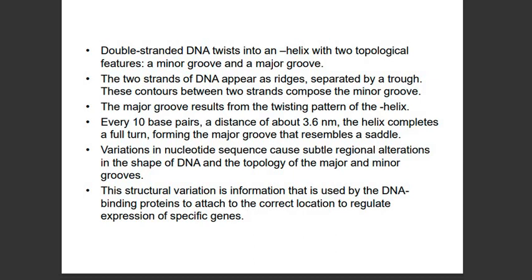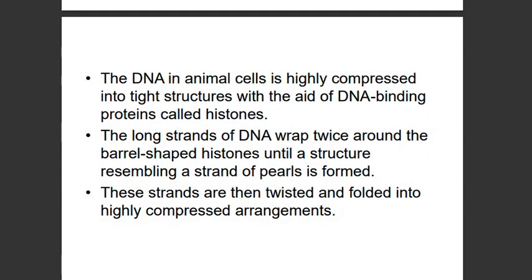That's basically what we're saying. So the DNA in animal cells is highly compressed in tight structures with the aid of DNA binding proteins called histones. So histones are simply components that help to make DNA so compact.